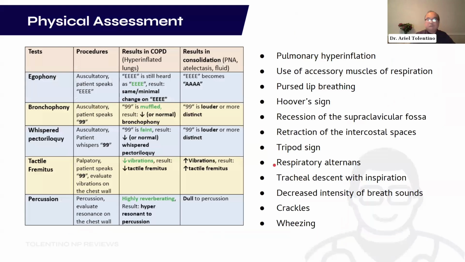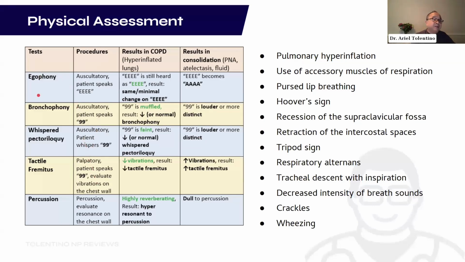Okay? Further physical exam findings. I have prepared a table for you, which shows the different procedures, the different tests. They are various auscultatory tests, palpatory tests, or percussion tests.